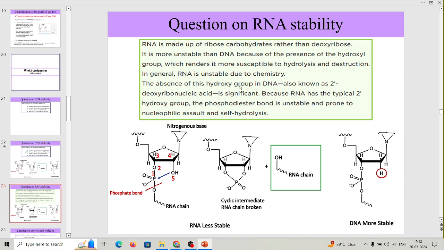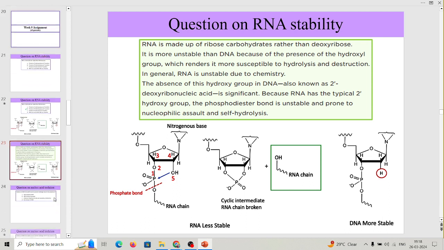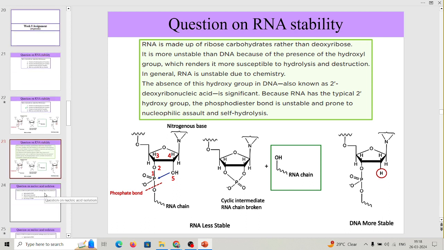The absence of this hydroxyl group in the DNA, also known as 2' deoxyribonucleic acid, is significant because RNA has a typical 2' hydroxyl group. The phosphodiester bond is unstable and prone to nucleophilic assault and self-hydrolysis. Right, so that is the entire explanation.